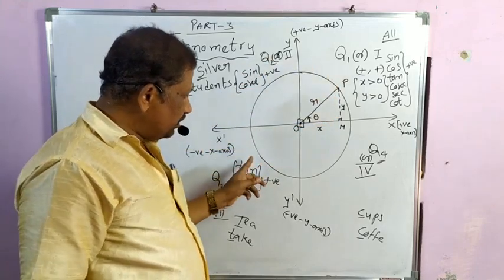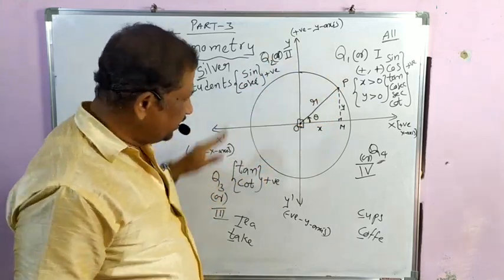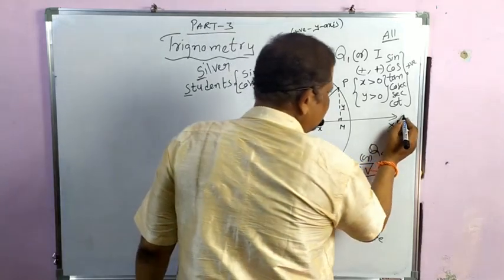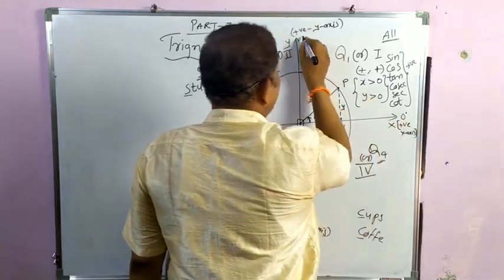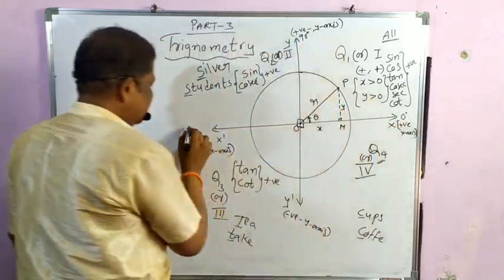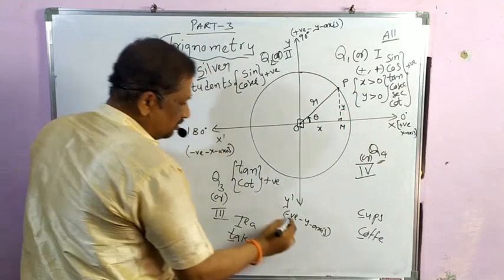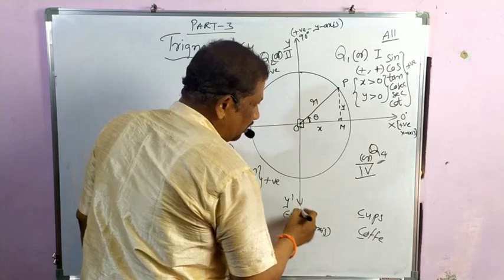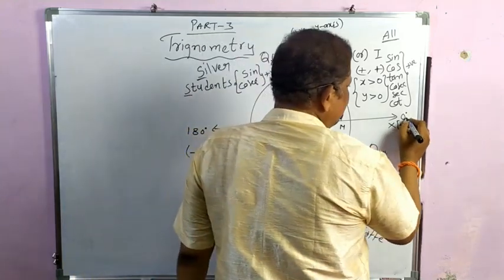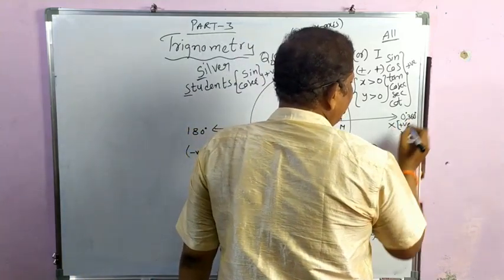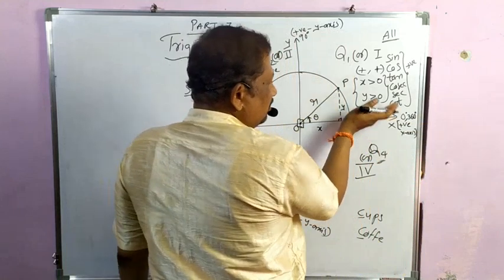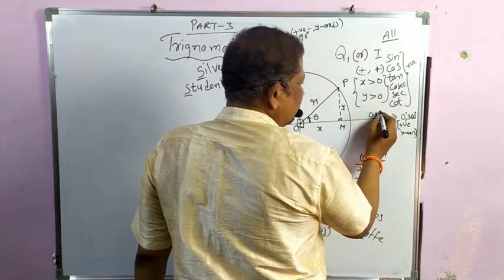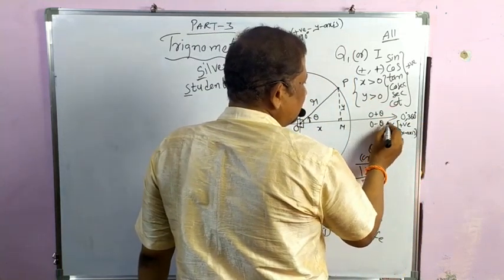When the ratios fall in the fourth quadrant, that is 180 degrees plus theta. This is 0 degrees, 90 degrees, this is 180 degrees, this is 270 degrees. And again it completes 360 degrees. So this is 0 plus theta or 0 minus theta.